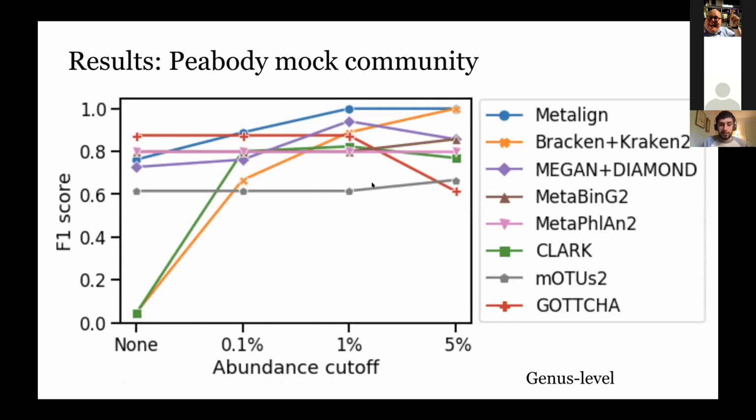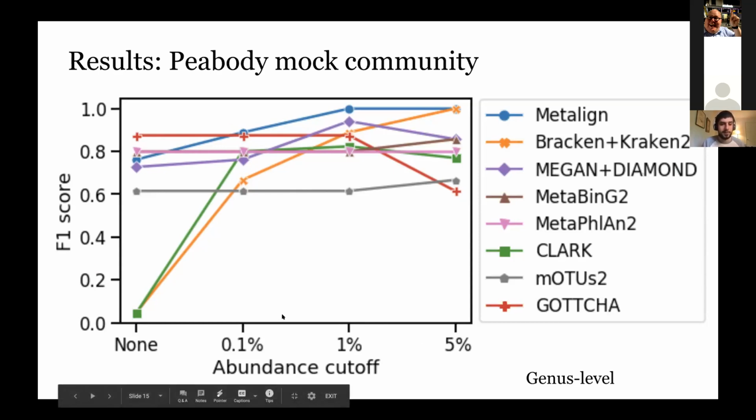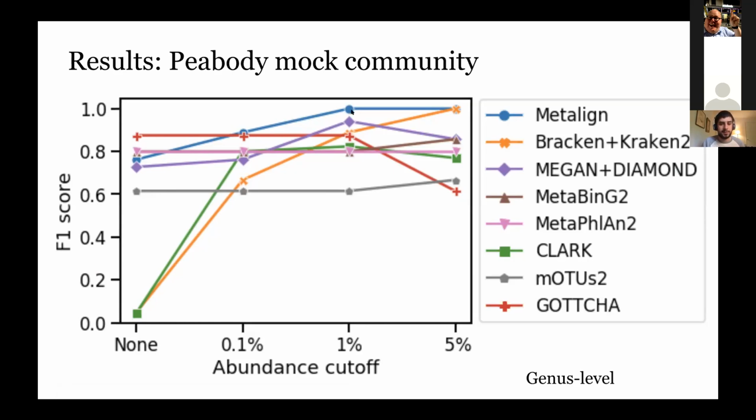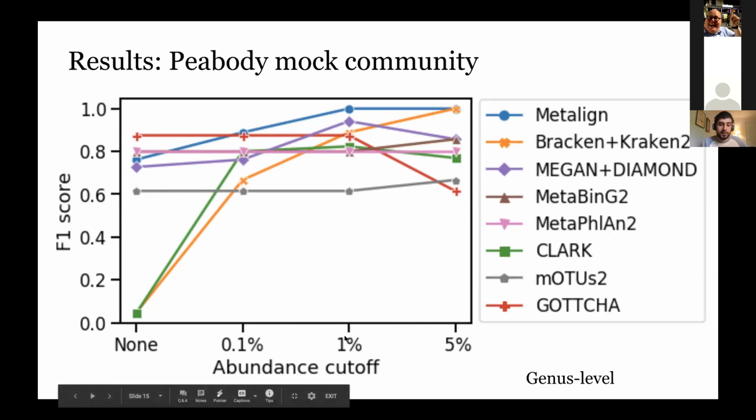Notably, mOTUs 2, which did really, really well on the CAMI data, was generally the worst performing method on this data set by a wide margin. And Metalign, when any abundance cutoff threshold is applied, was the highest performing method, and actually achieves a perfect precision and recall, so no false positives, no false negatives, with an abundance cutoff threshold of 1% or 5%.